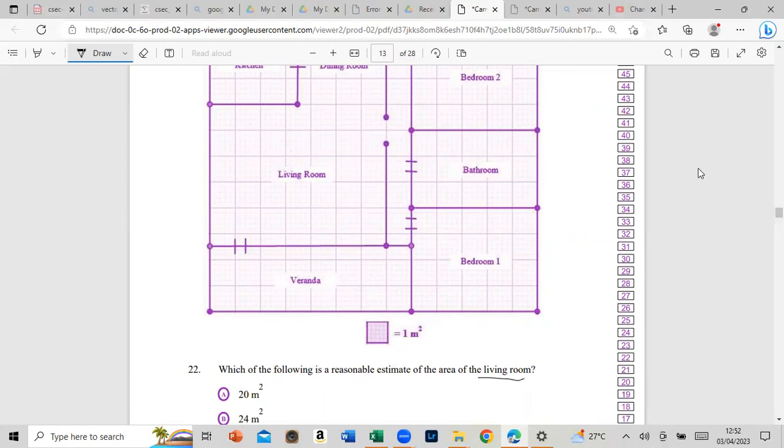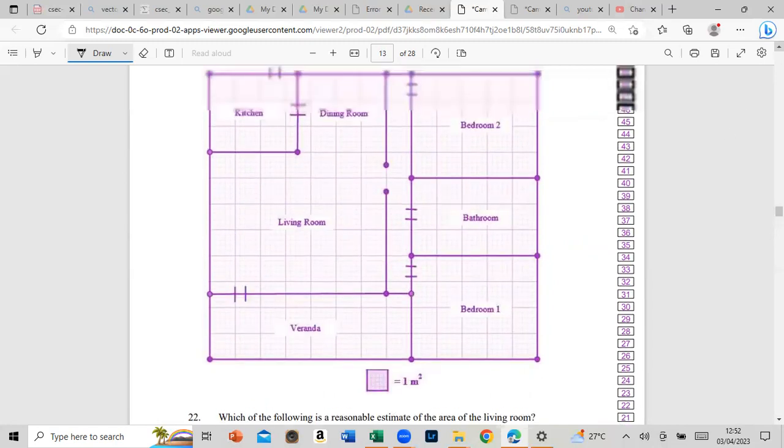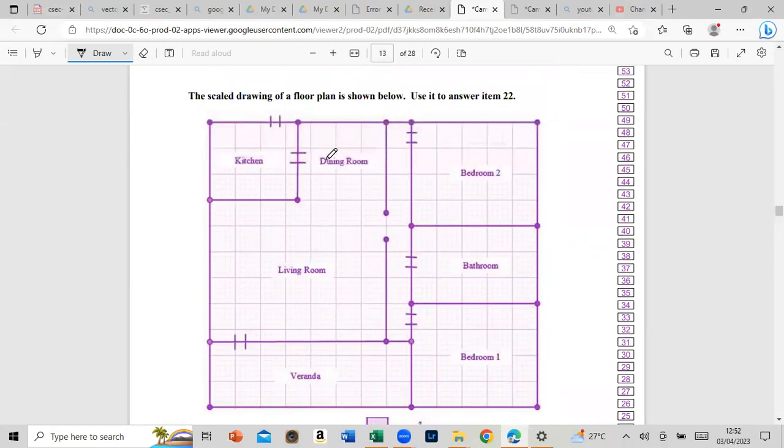So we are focused on the area of the living room. To get the area, what we do is basically count the number of squares it takes to cover it. So I'm going to draw one little line here, and I will literally go count them like this. Area is the number of squares it takes to cover. Could multiply, but we're just going to do it this way.